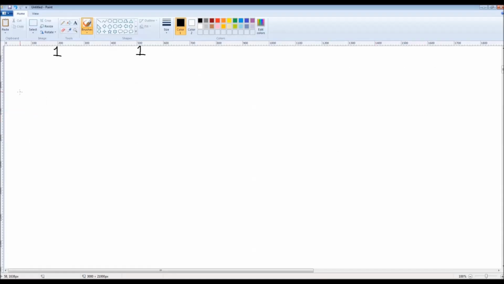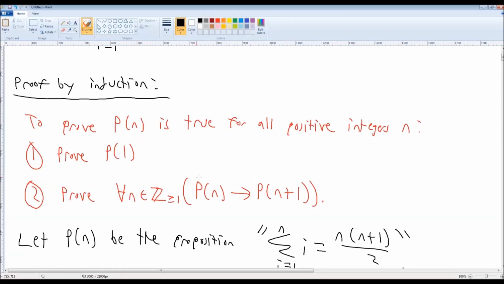So now let's go to the inductive step. We have to prove that if P of n is true for some random positive integer, then P of n plus 1 is also true.